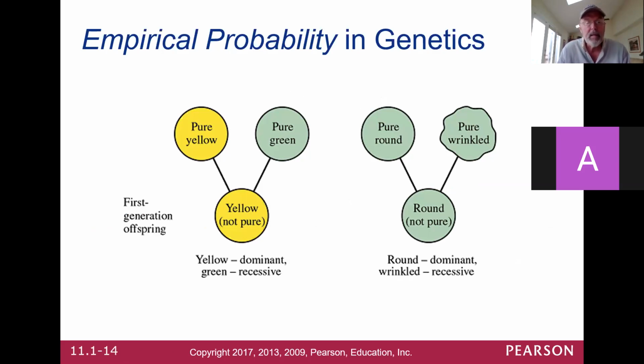He understood that he had different colors of these pea plants. We'll take the first situation, where yellow and green are the pure parts of the plant, and when we crossbreed these two, we got a yellow plant.